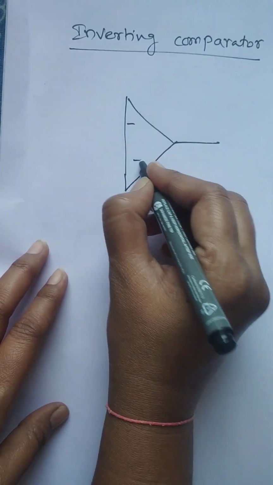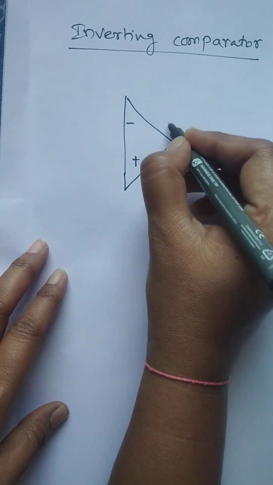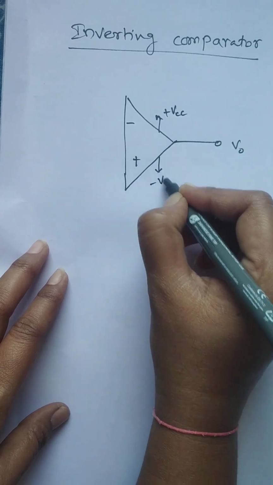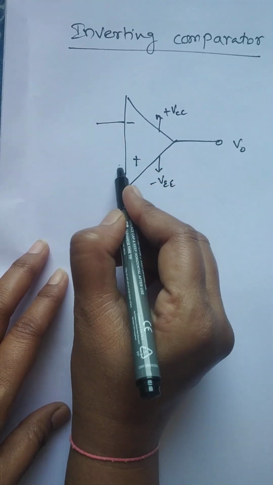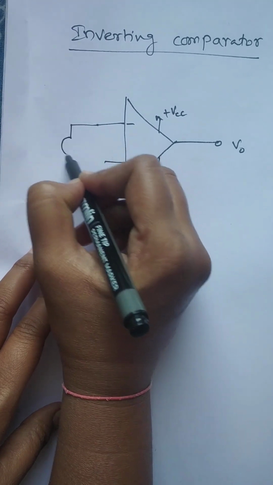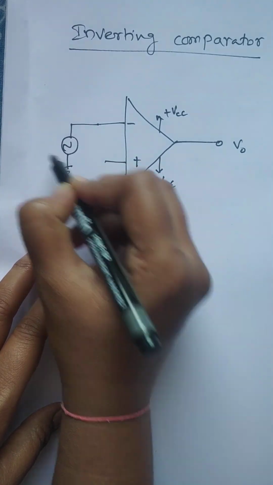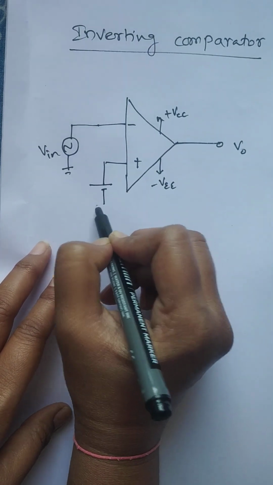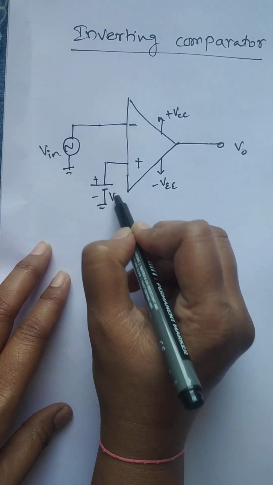Op-amp in its open loop, plus VCC, minus VCC. Okay, inverting comparator means I have to apply my V input at the inverting terminal and V reference at the non-inverting terminal.